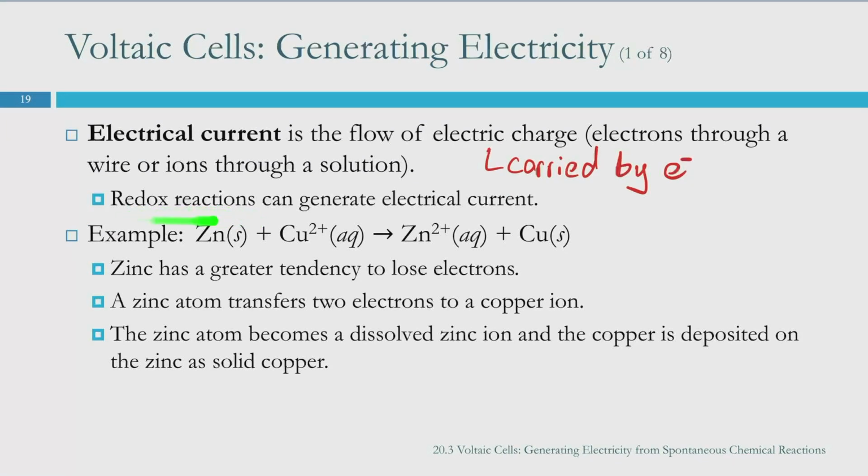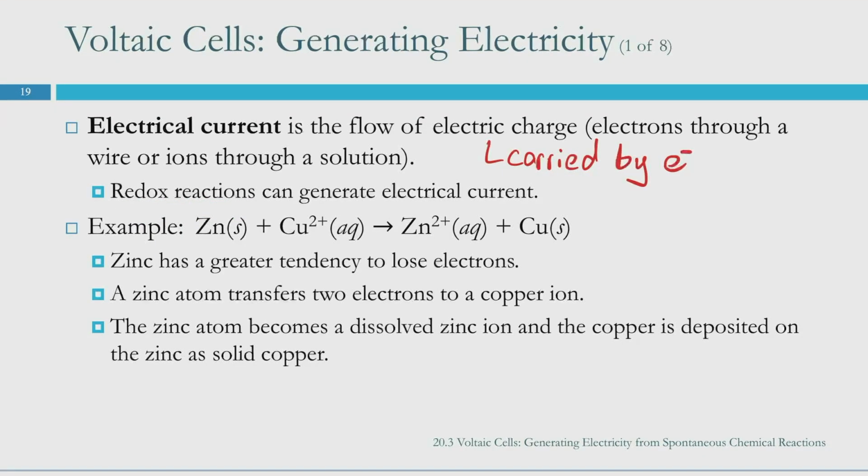Redox reactions can be used to generate electrical current. For example, in our reaction between zinc metal and copper ion dissolved in aqueous solution, there's a transfer of electrons from the zinc to the copper. And so that results in copper turning into its solid form with no charge, and zinc, since it's lost 2 electrons, picking up a 2 positive charge.